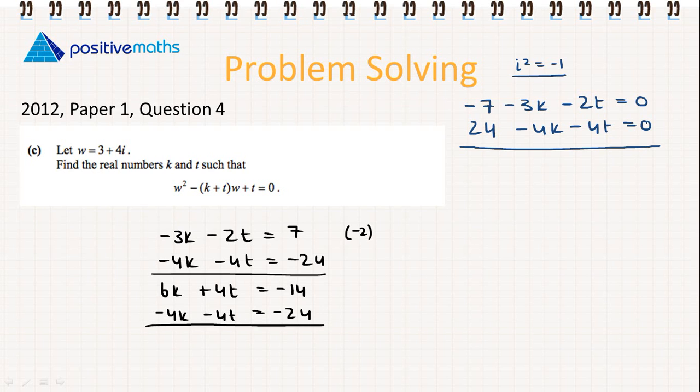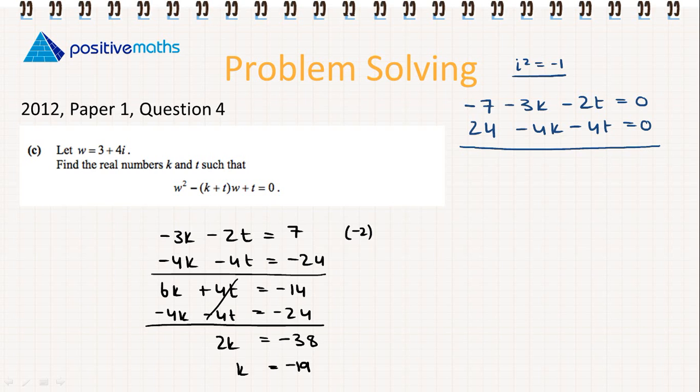So plus 14 minus 4t is just going to give me 0. So 6k minus 4k is going to give me 2k is equal to, so minus 14 minus 24 is going to give me minus 38. So k is going to be equal to minus 38 divided by 2, which is going to give me minus 19.